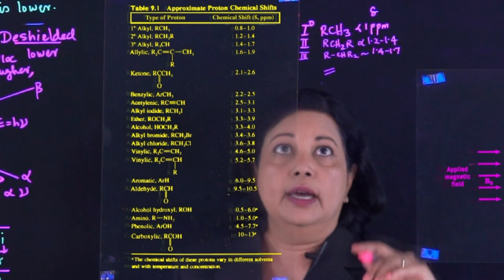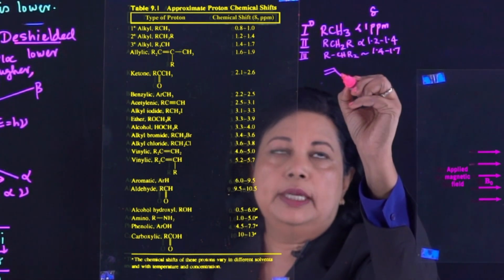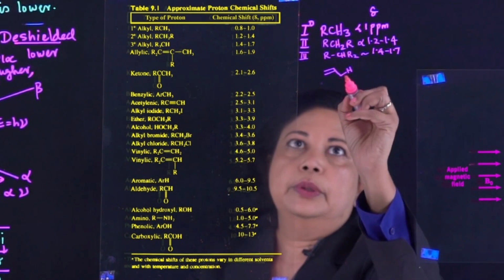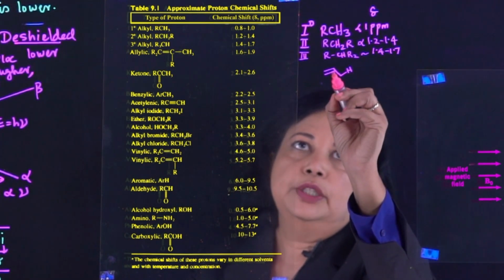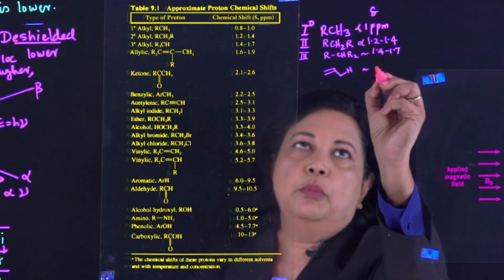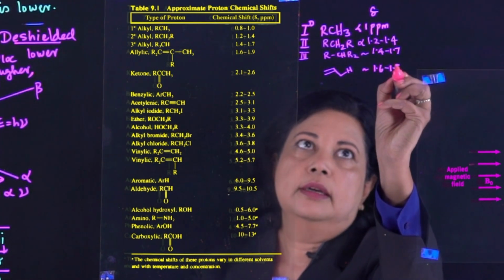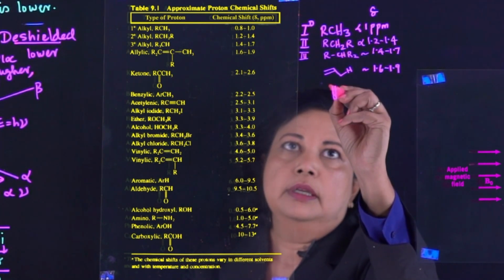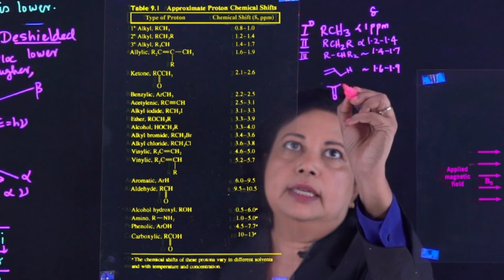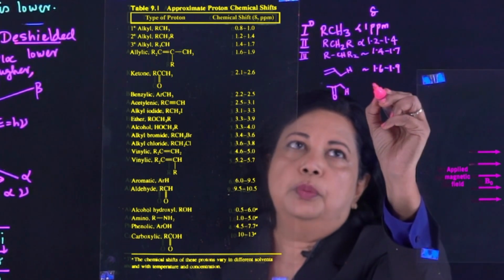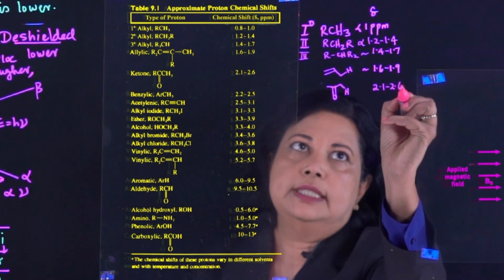So you can have allylic carbons, that means you're next to a double bond, and for these hydrogens, even though it could be a primary, the fact that you're next to a double bond, it's going to be more de-shielded. If you're next to a ketone, let's say a hydrogen that is over here, that's about 2.1 to 2.6.